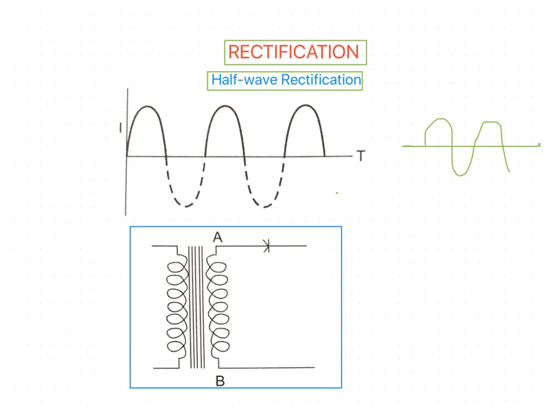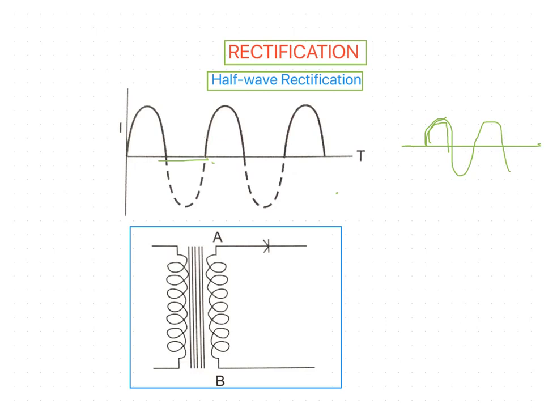In the case of rectification, only one wave is taken and the reversed wave is not considered; it is obstructed, and again the next peak wave is taken. This is what happens in half wave rectification.